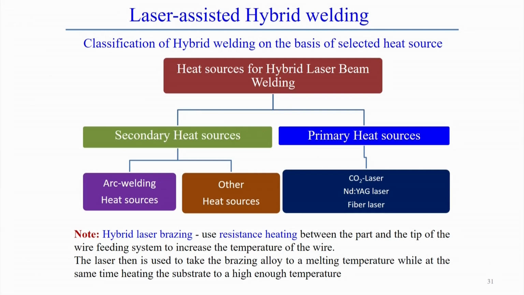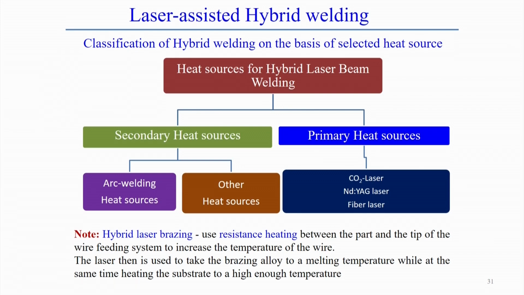We can see one example, the hybrid laser brazing process. In hybrid laser brazing, generally resistance heating is used between the part and the wire, the brazing wire. That resistance heating occurs within the wire and increases the temperature of the wire.